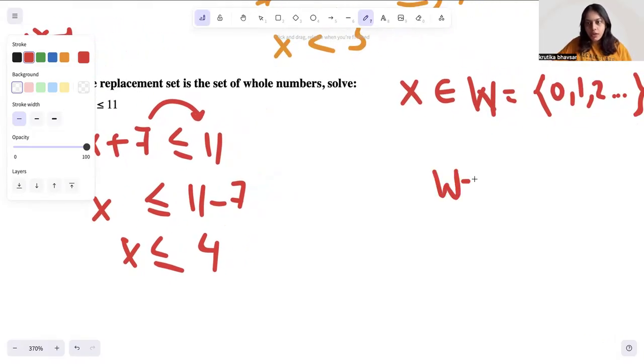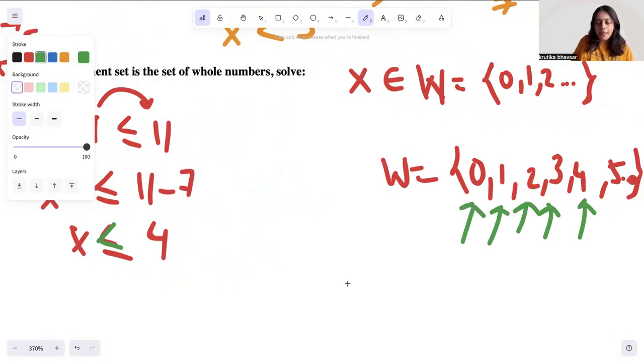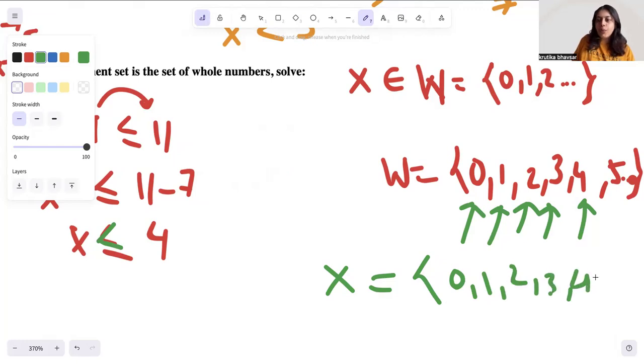So if it is a whole number, it can be 0, 1, 2, 3, 4, 5, and so on. Here, your x can take the following values. Your x can clearly take 4, but it can take all the values less than 4 as well. So 3, 2, 1, and 0. So your x is actually 0, 1, 2, 3, and 4.